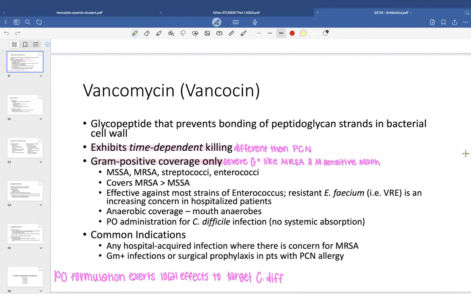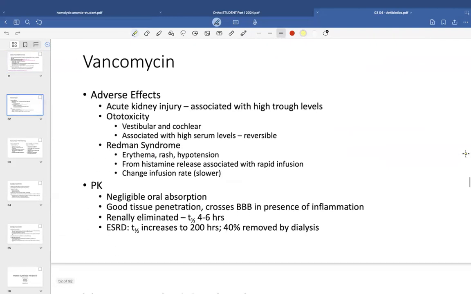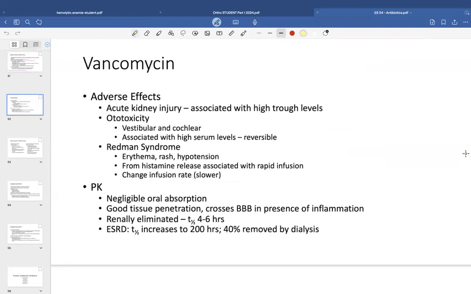Key adverse effects to be aware of is the risk for renal toxicity. It can cause kidney injury. So if you're giving it IV and the trough blood levels begin to trend upwards, that can be a sign, and also a risk factor for kidney injury. It can cause toxicity to the ear, ototoxicity.